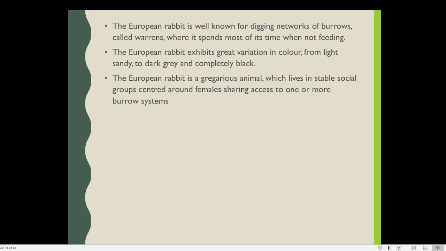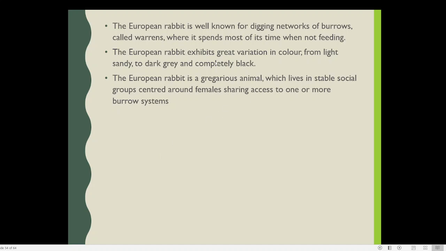This is the type of burrows it makes. Inside these burrows they are mostly living. Because of this burrow-making habit, they can damage agricultural plants a lot. That is why farmers consider it an invasive or pest species. So that is one important feature of it.